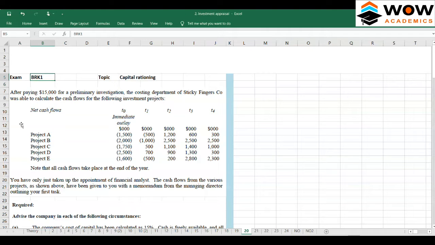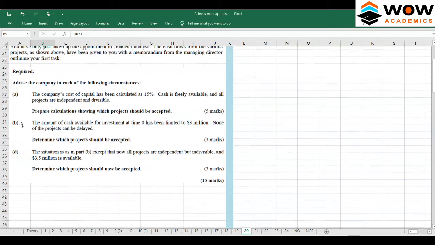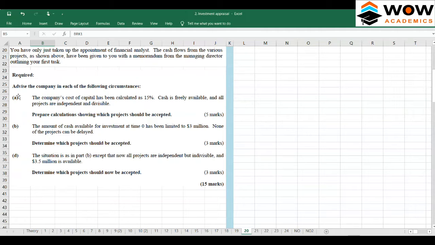First, we'll read the required, then we'll move on to the sum. If you see the required, there are actually three required here. So one by one we'll solve them and then get the answer. Advise the company in each of the following circumstances. The company's cost of capital has been calculated as 15%.